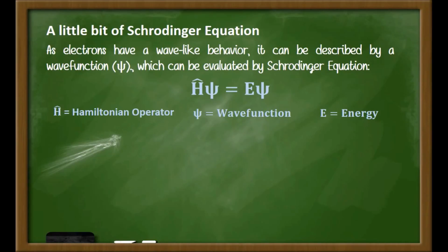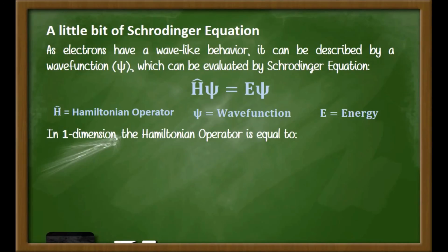The Hamiltonian operator, as you're going to see pretty soon, gives some orders to be applied over the function psi, and as we see on the right side of that equation, the result will be energy times psi. So the Hamiltonian operator is an operator associated with the total energy of the system.